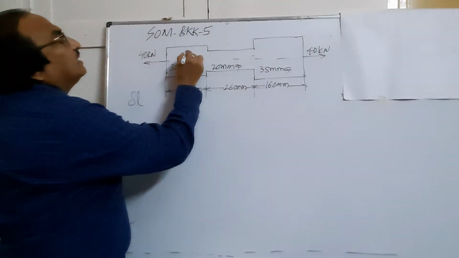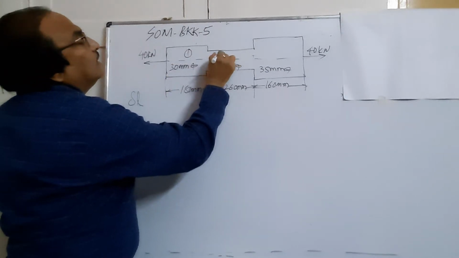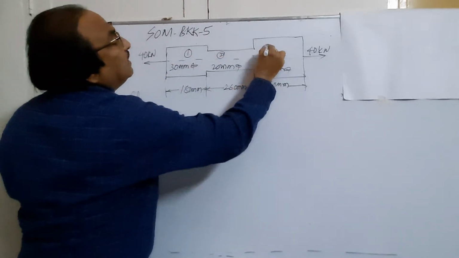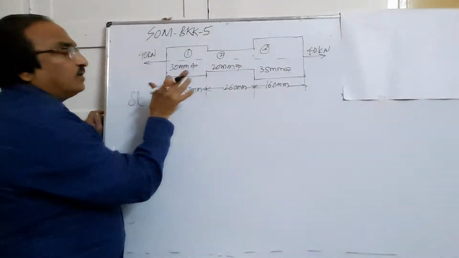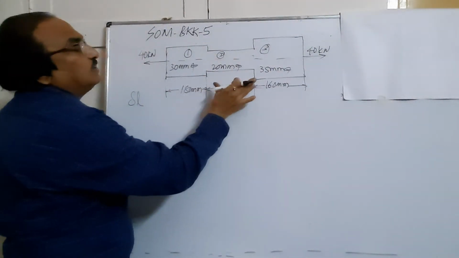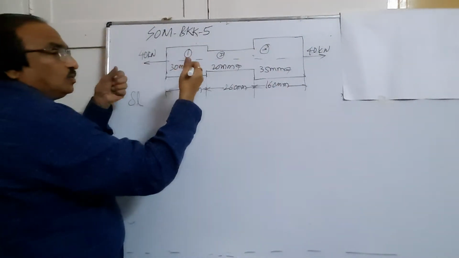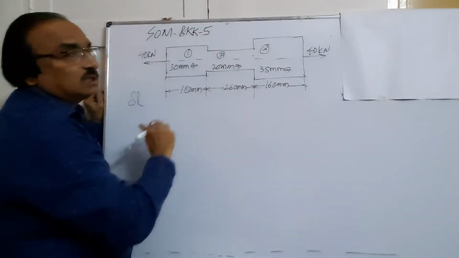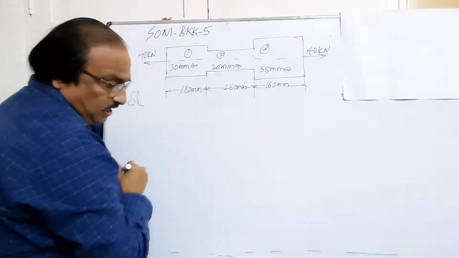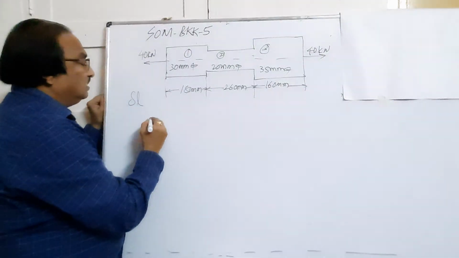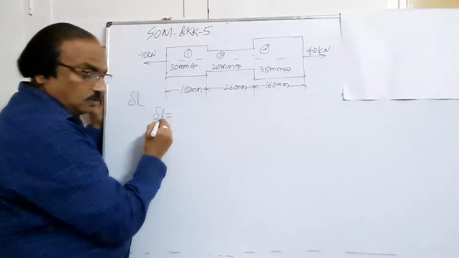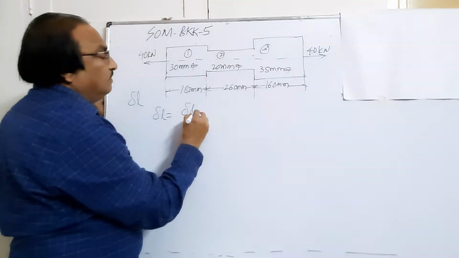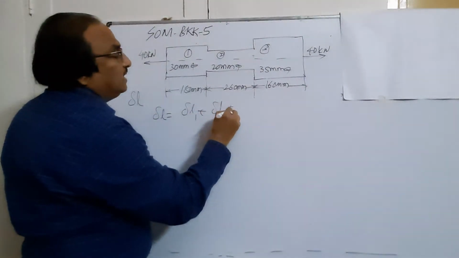You find there are three portions, 1, 2 and 3. So deformation of this plus deformation of this plus deformation of this. It is subject to tensile force, so definitely there will be elongation in all the three components. So delta L is equal to delta L1 plus delta L2 plus delta L3.